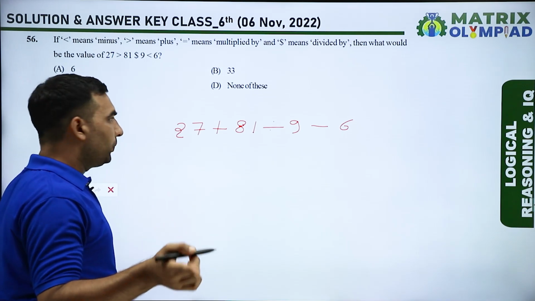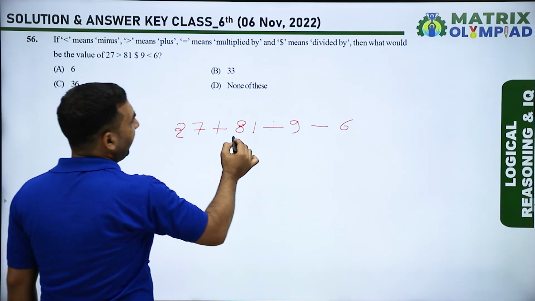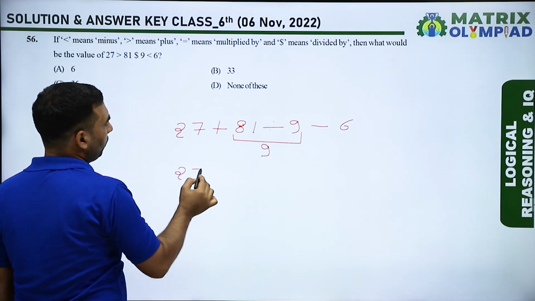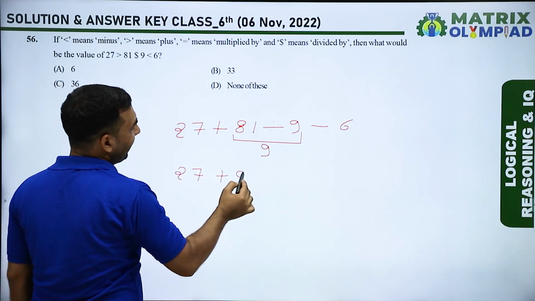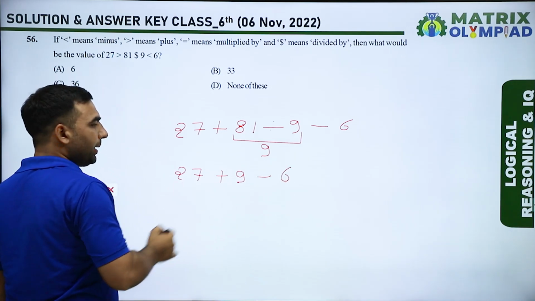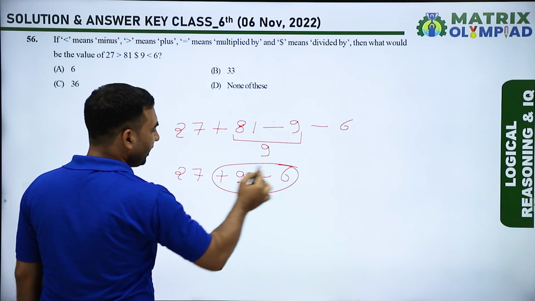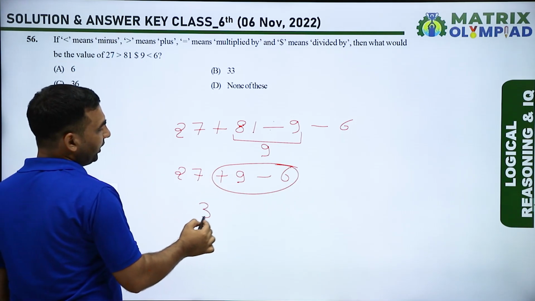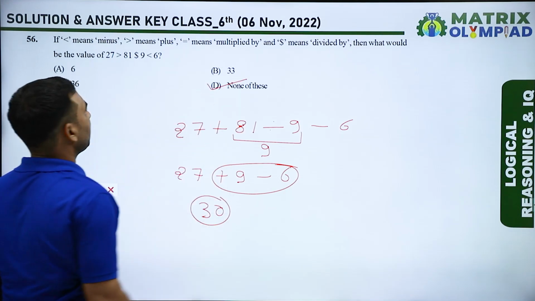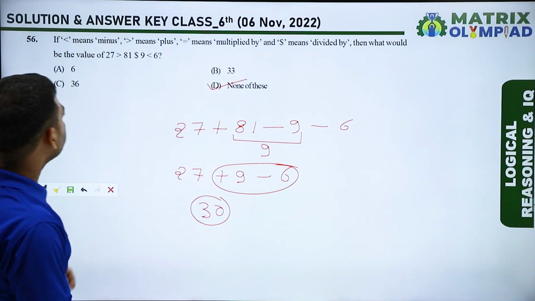According to the BODMAS rule, we solve division first. 81 divided by 9 is 9. Then you say 27 plus 9 minus 6. 9 minus 6 is 3. 27 plus 3 is 30. Our answer is none of these. Option D is the correct answer.